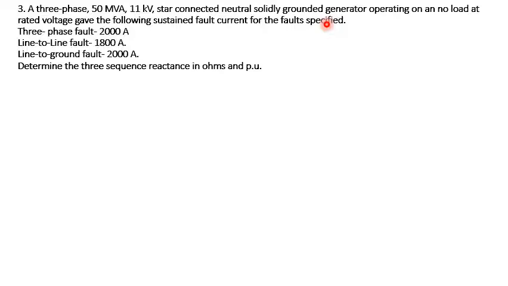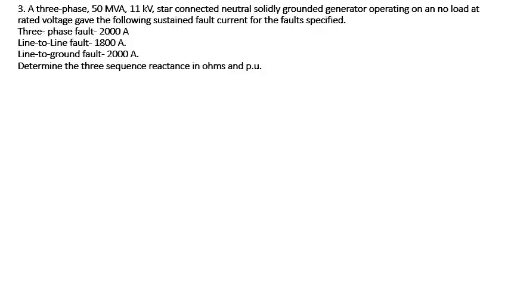Before solving this, we should note down these values. The three-phase fault is 2000 amperes. Line to line fault is 1800 amperes. Line to ground fault is 2000 amperes. And we need to determine the three sequence reactances in ohm and per unit.